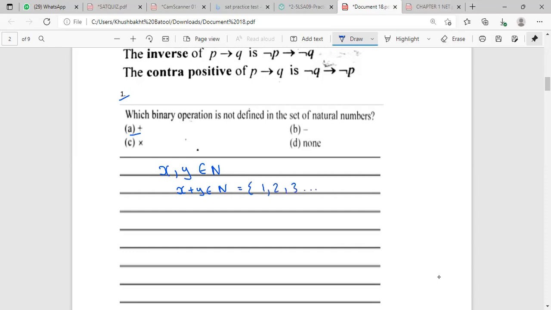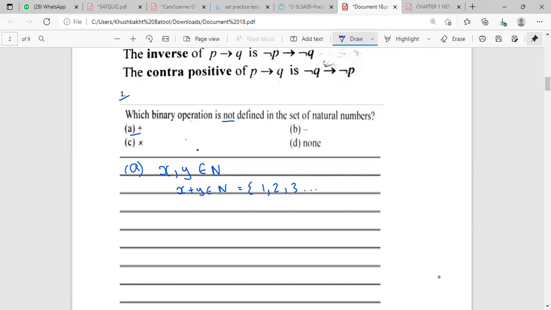If I'm adding any two positive numbers, obviously the answer would be in that set. So this cannot be the answer because we are finding which binary operation is not defined. Addition is a binary operation in the set of natural numbers. Have you understood this?